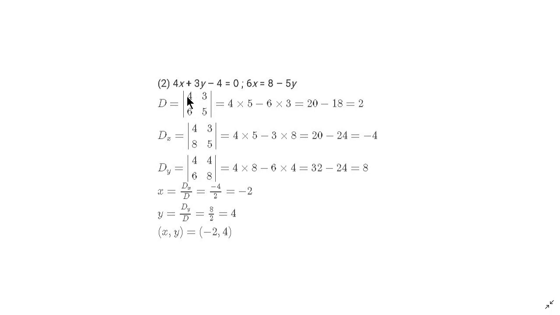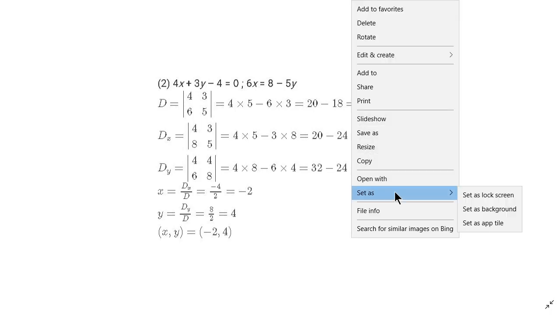Step number 1 is to write the equations in the format ax plus by is equal to c. The ax is right, the by is right, but the constant is coming on the left side. We want it on the right side, so we should rewrite this equation.